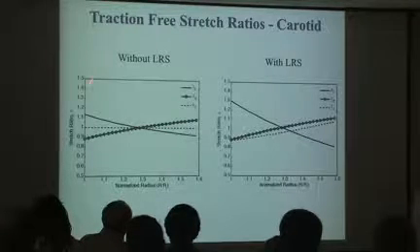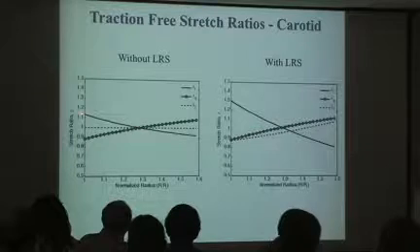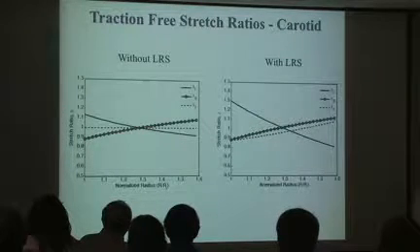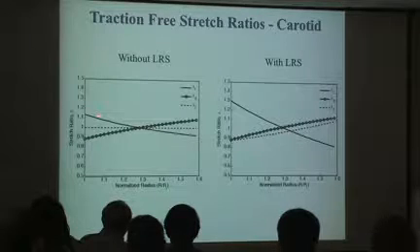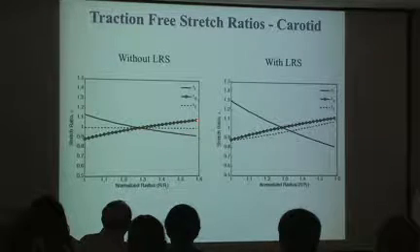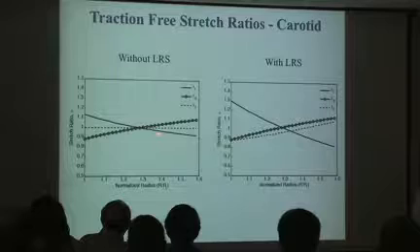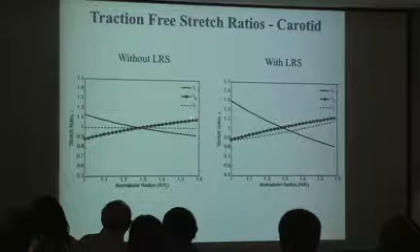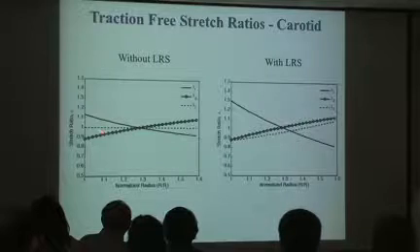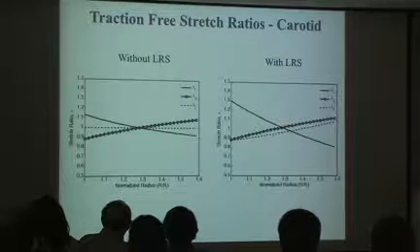This is the traditional approach of Chang and Fung, and this is the stretch ratio in the traction-free, this unloaded configuration. And this is the classic result shown by Chang and Fung, where the radial stress decreases, the circumferential stress increases from below 1 to above 1. That is compression on the inner wall, tension on the outer wall.